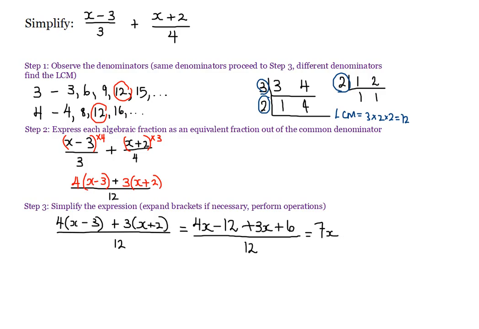And look carefully how the integers come in here. We now have negative 12 plus 6. So if we remember correctly, negative 12 plus 6 will give us a sum of negative 6. Alright? And it's still going to be over 12 because we're still dealing with fractions. Now this is our answer.